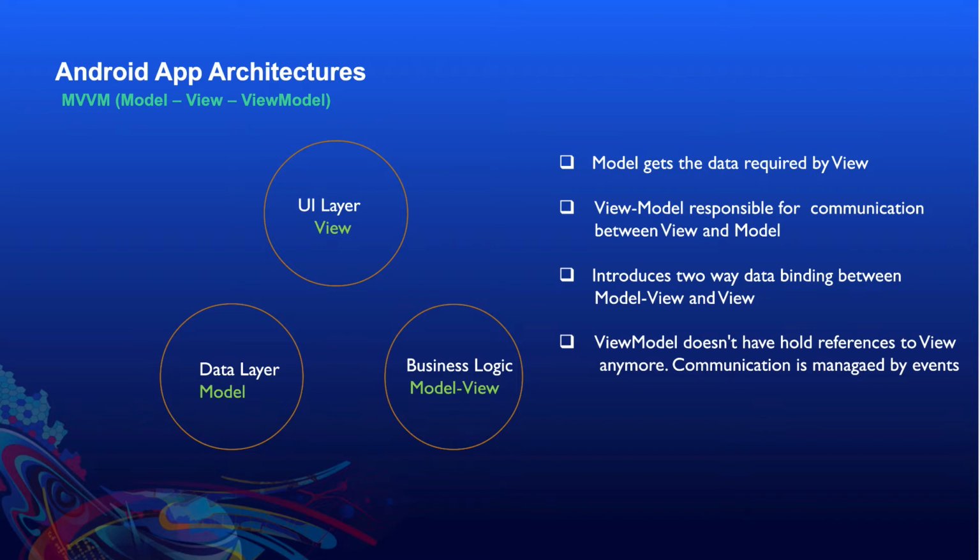And as I said before, MVVM is probably not the last architecture to be worked on. There are a few new architectures being discussed in the Android world. There is a new pattern called Model View Intent architecture, which is still in the works. But as of now, MVVM has been the go-to application architecture for people.